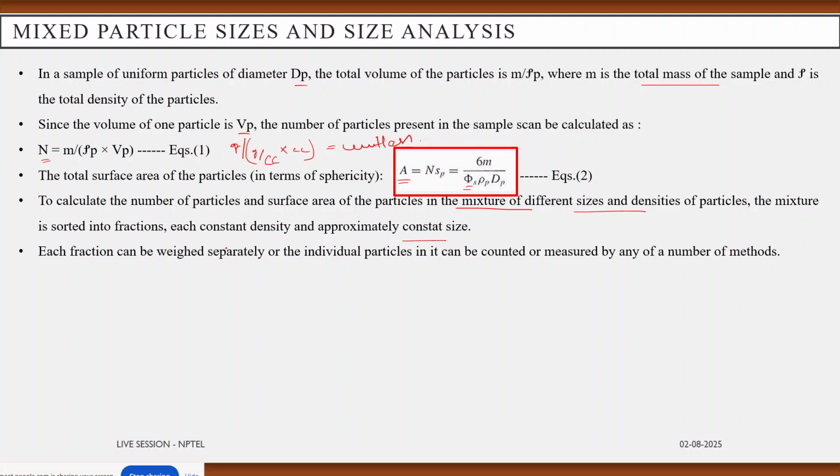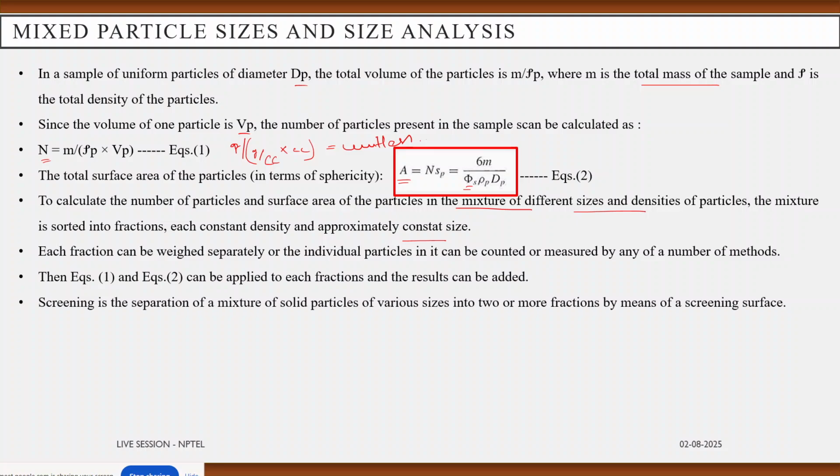Each fraction will be weighed separately, or the individual particles in the fractions can be counted or measured by any available method. Equation 1, the number of particles in the sample, and equation 2, the total surface area of the particles, can be applied to each fraction, and at the end we just add up those values to get the overall number of particles and the overall surface area of the sample.